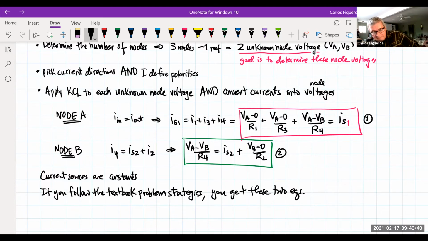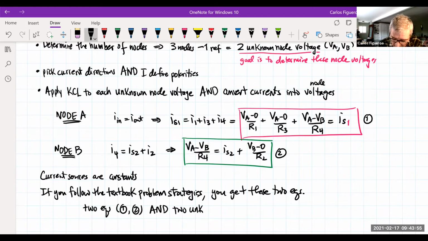So now what that means here is that you now have two equations, equations 1 and 2, and you have two unknowns. In this case, it's VA, VB. So I can solve for VA in one, and put it into the other one. Does that seem pretty standard here?